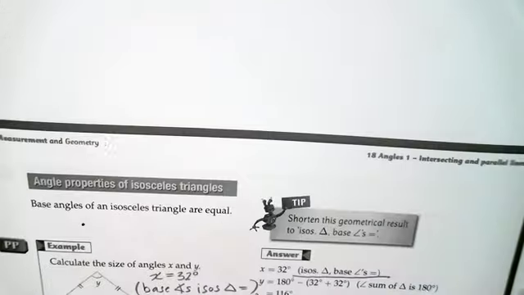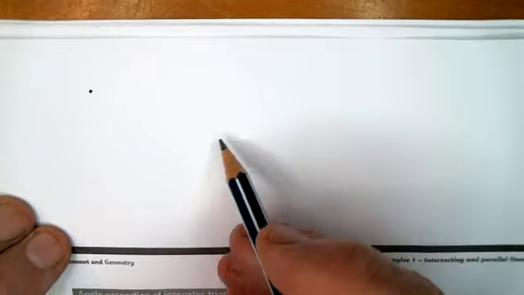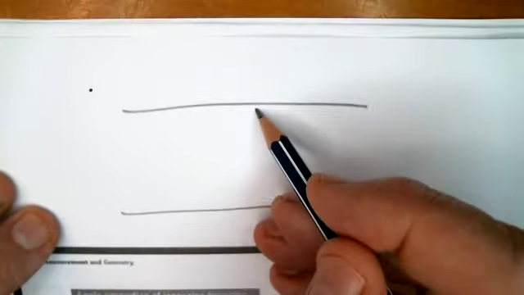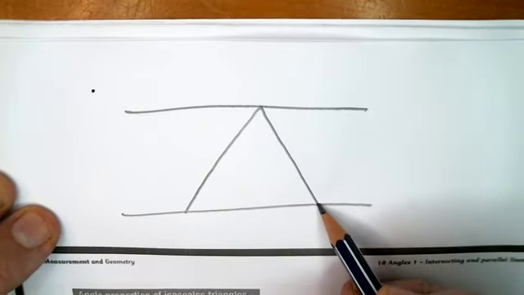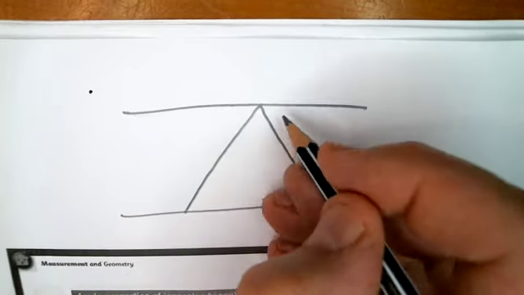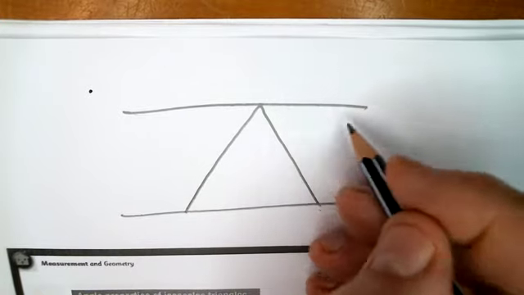Also, because triangles have straight lines, which is very useful, you often see a couple of parallel lines, and in between those parallel lines, they might draw some kind of triangle. And they might say, let's give this some angles here.